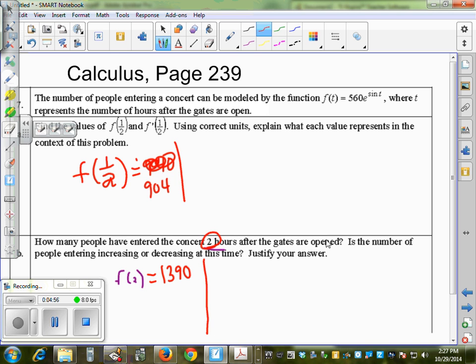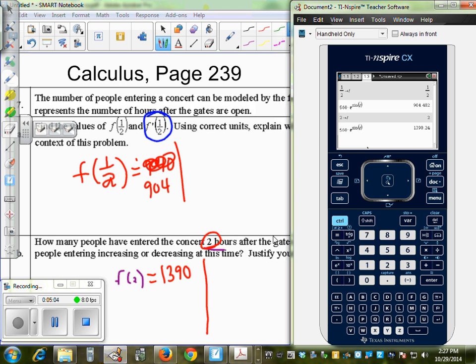All right. Now, they also want to know the rate of change at a half hour. I'm going to go back. And rate of change, of course, is derivative at a point. All right, and they're using x. Let's see, I want to change that to t. And the value is going to be a half.